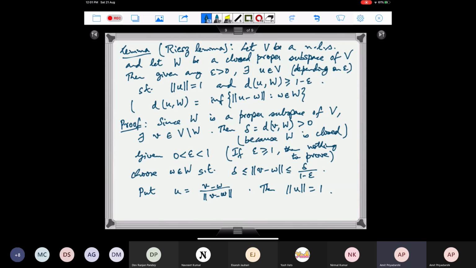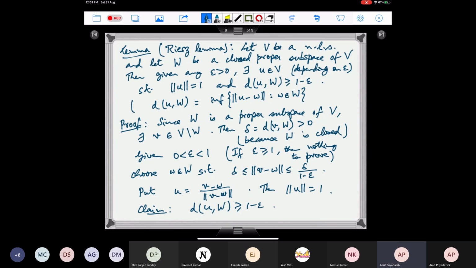This is what we are claiming. For this, we have to take any vector in W and show that the distance of u to W is bigger than or equal to 1 minus epsilon.